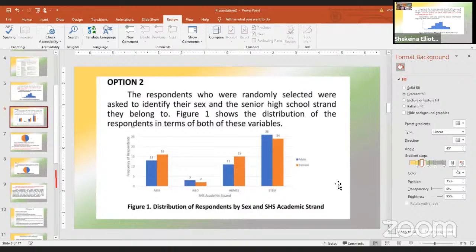Yes, very good point, and you are correct. Remember, you have to interpret every question. You have to present every question. So if you have, let us say, a qualitative study, maybe it's an interview, maybe 10 parents, then question one, 10 parents would have had to answer question one.